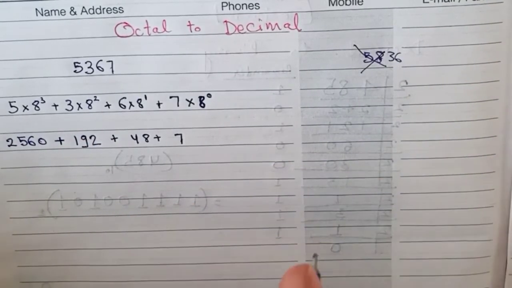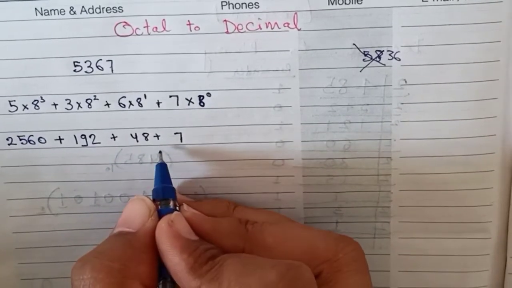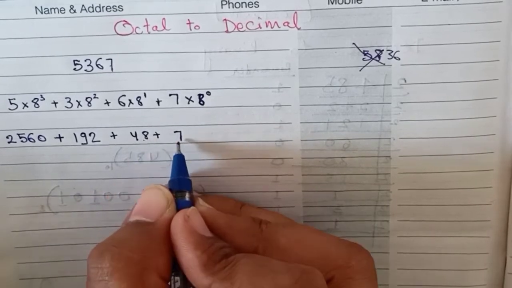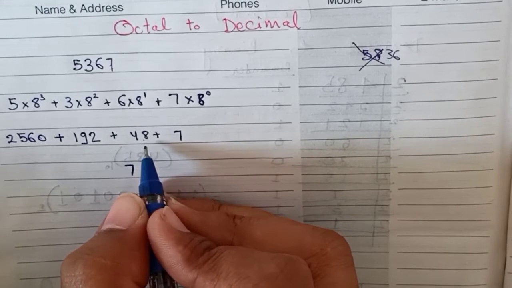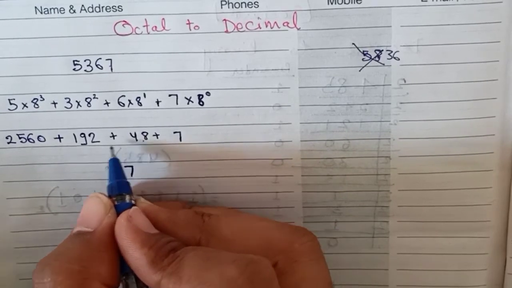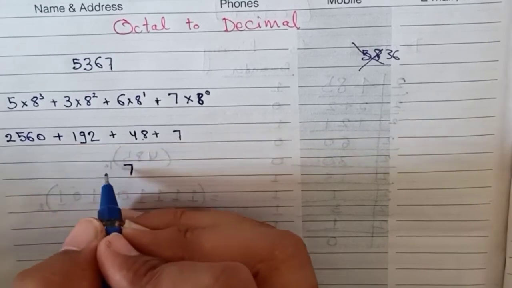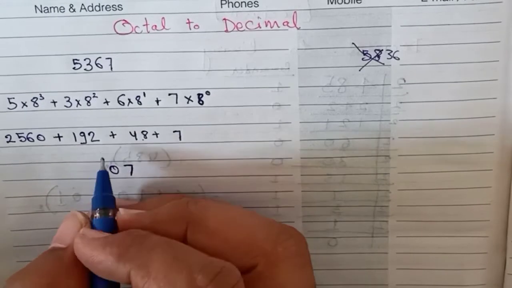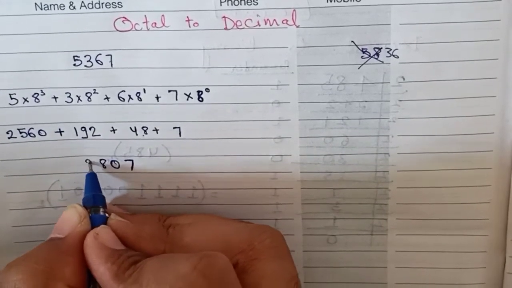Okay, so we will add all of these values, and after adding, what will we get? 7, and here we are getting 1 plus 4 is 5, and 9 is 14, and 6 is 20, 2 and 1 is 3, and 5 is 8, and 2.